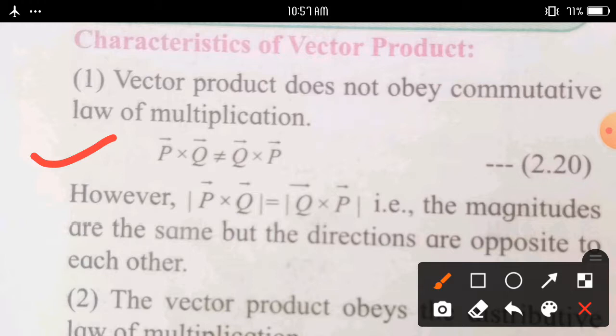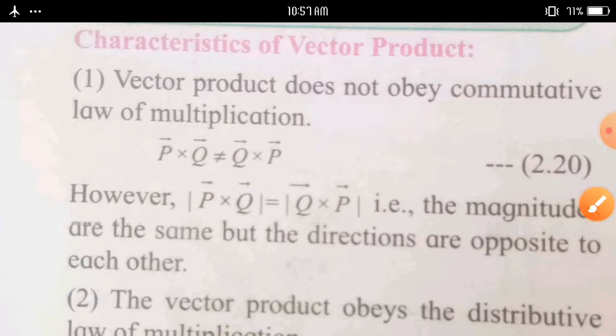Here p bar cross q bar is not equal to q bar cross p bar. Hence vector product does not obey the commutative law of multiplication. Here is the explanation. Mod of p bar cross q bar is equal to mod of q bar cross p bar, that is, the magnitudes are the same but the directions are opposite to each other.